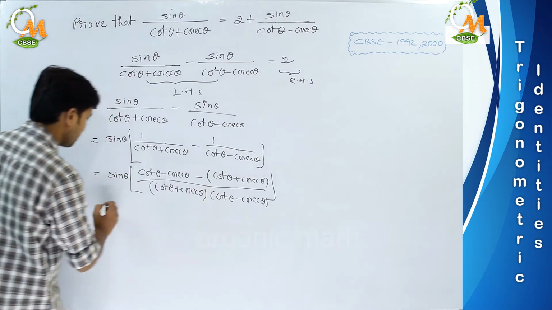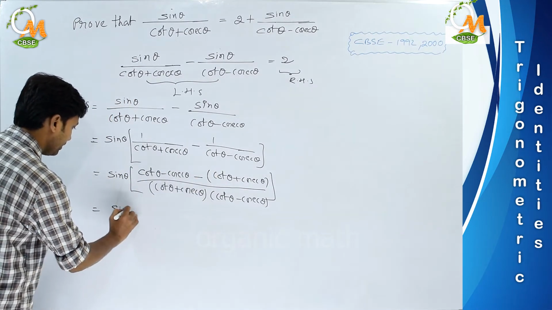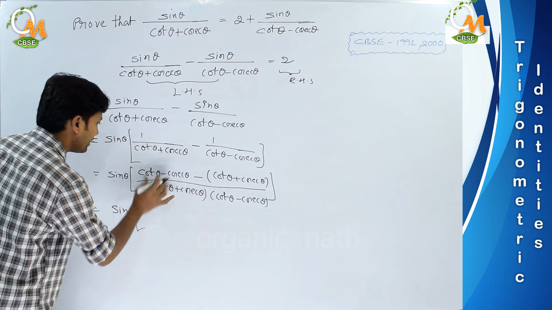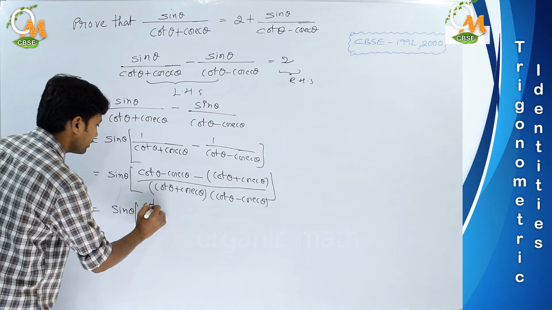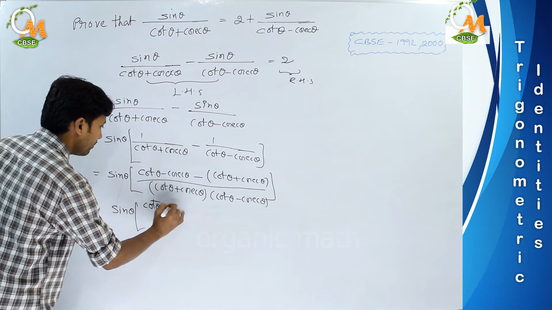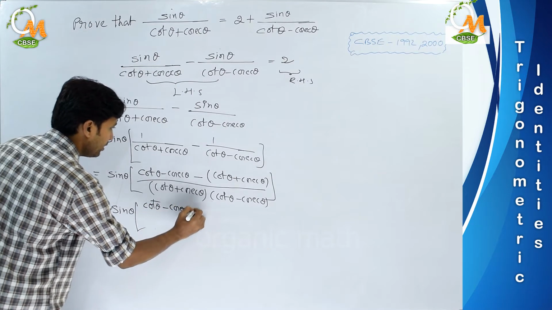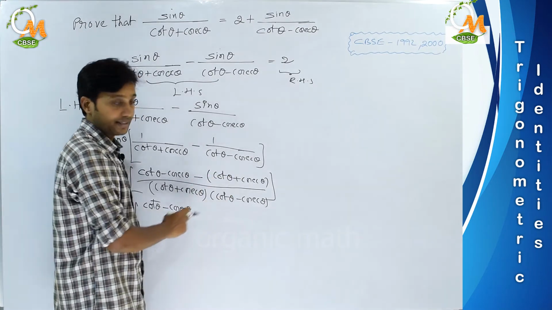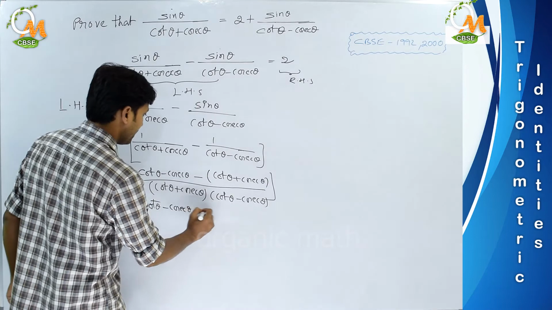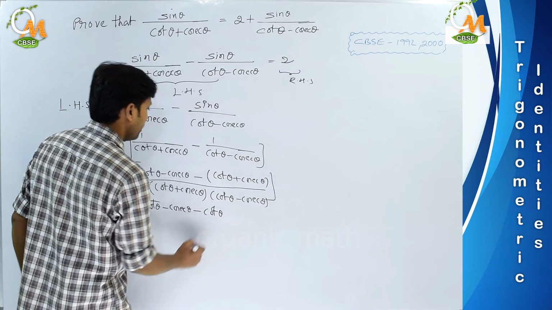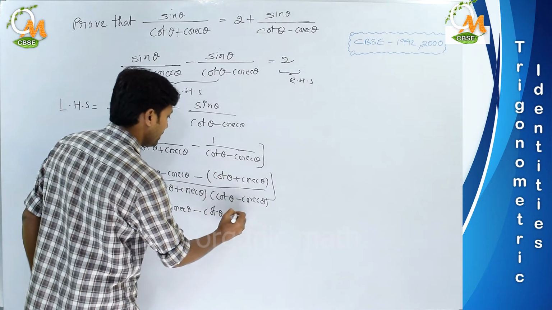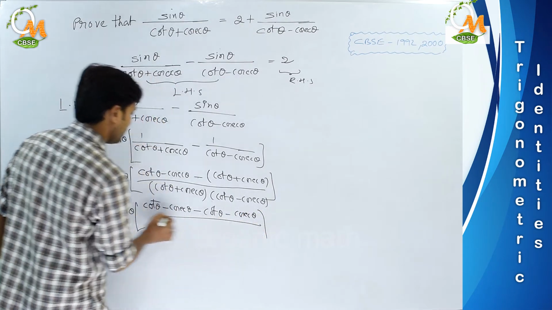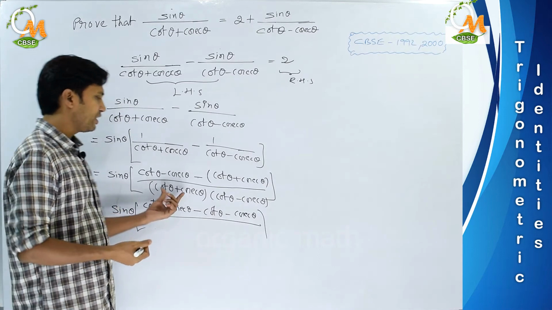Now do the further simplification. Sine theta is written outside. Now cot theta minus cosecant theta, write it as it is. Here multiply the minus symbol with the terms inside the bracket: minus into plus gives minus cot theta, and minus into plus gives minus cosecant theta. Now consider the denominator part.